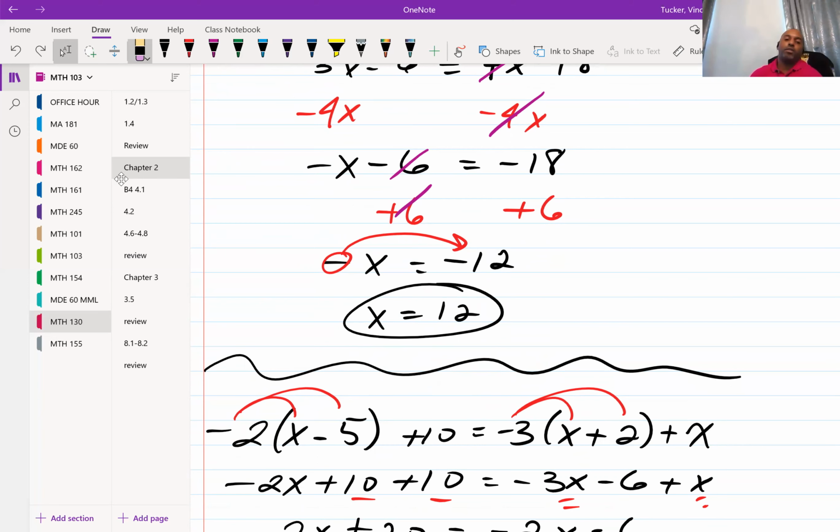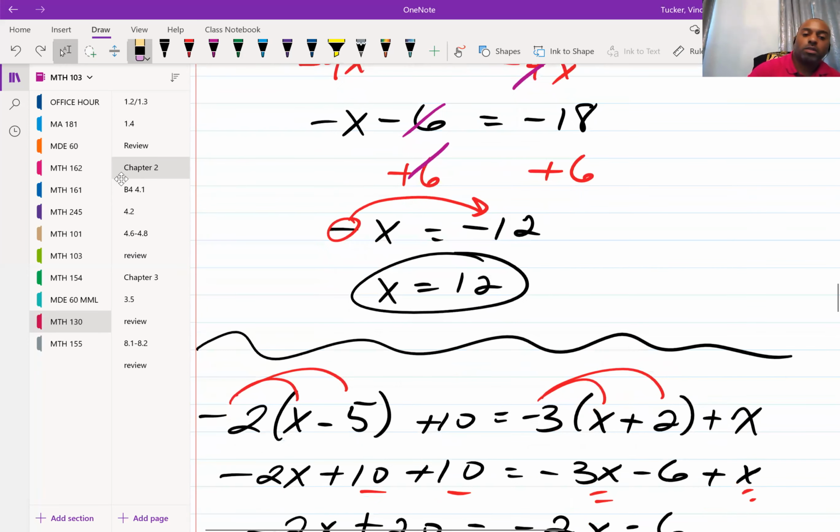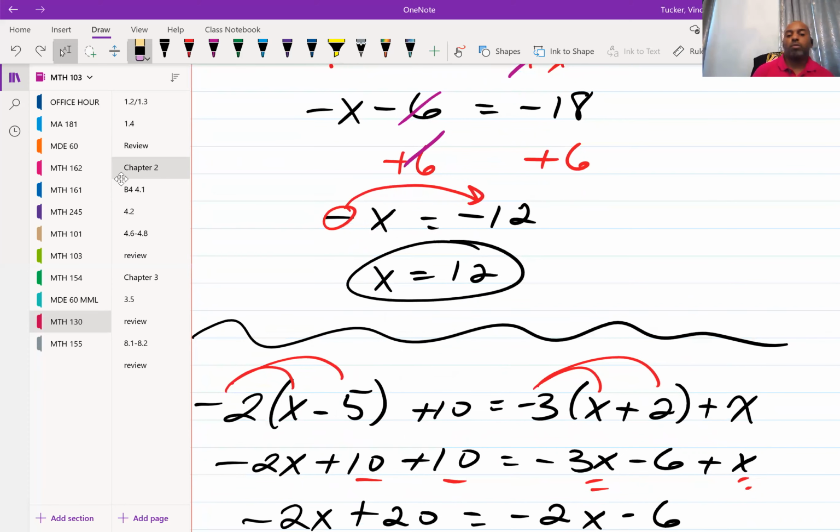So we have negative 2 times the quantity x minus 5 plus 10 equal to negative 3 times the quantity x plus 2 plus x. We want to distribute into each parentheses so we can have access to each term.